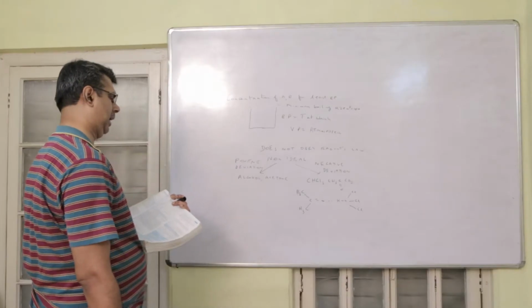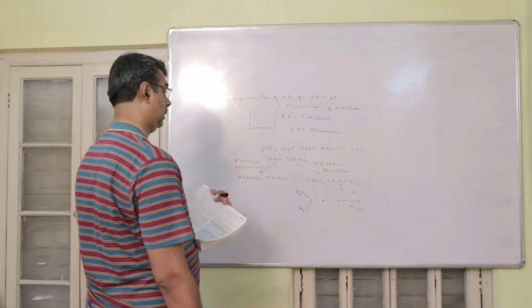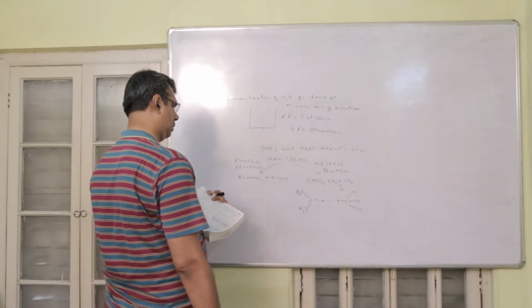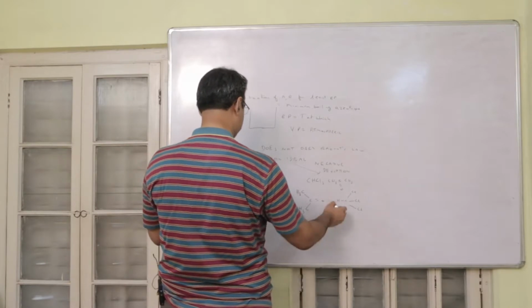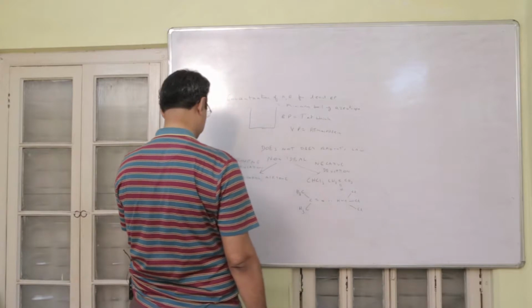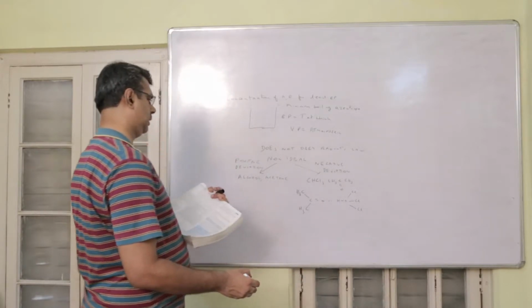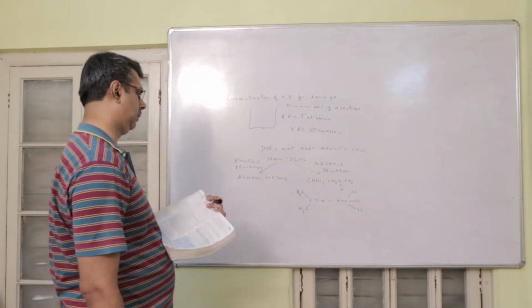Now, acetone molecules do not have hydrogen bonding among each other. Chloroform molecules also don't have hydrogen bonding with each other, but when they are mixed together, there is a hydrogen bonding like this. So that means the interactions after mixing are greater.